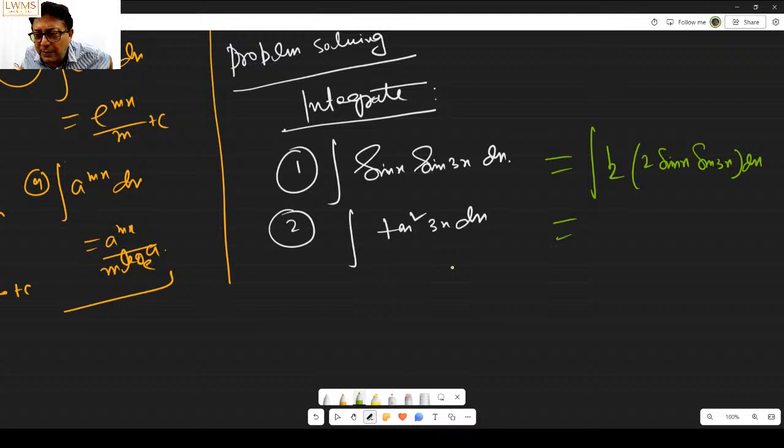Hope all of you remember the formula of 2 sin A sin B. Just apply it and then integrate. You'll get 1 minute. Try. 2 sin A sin B. Should I write the formula, or do you remember? The formula is very easy.